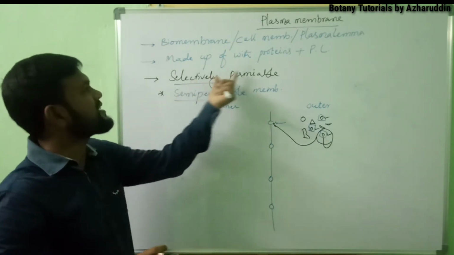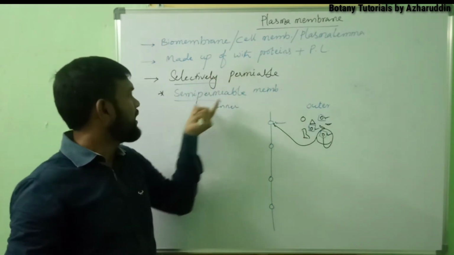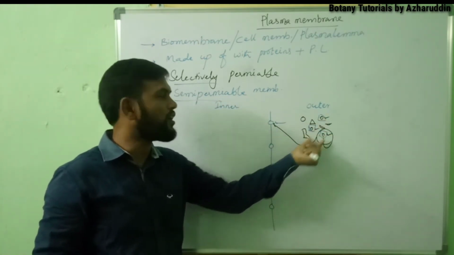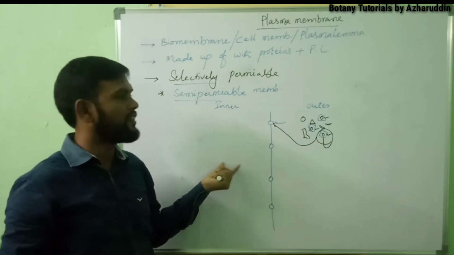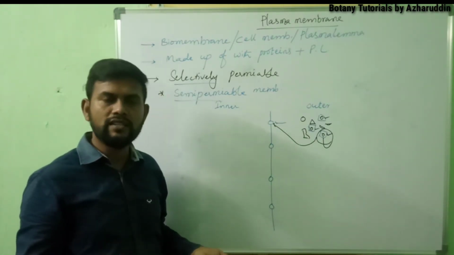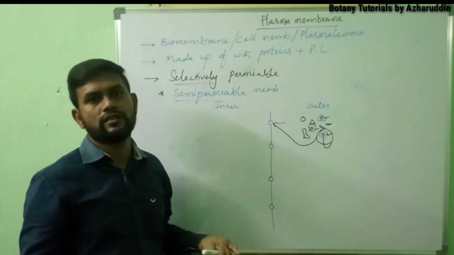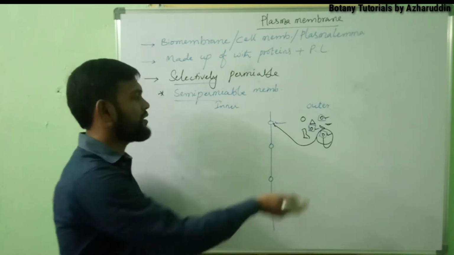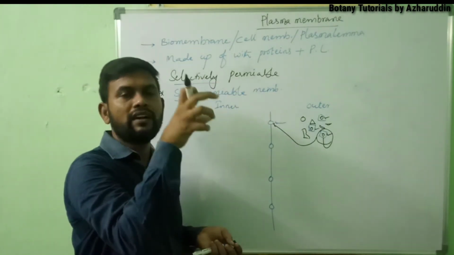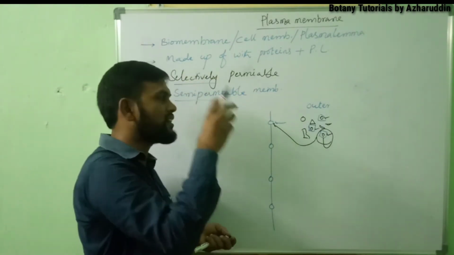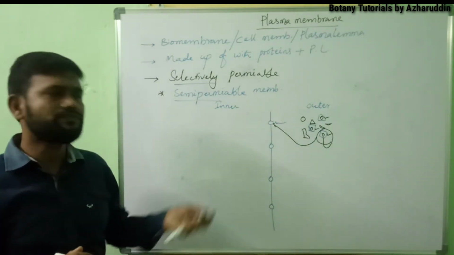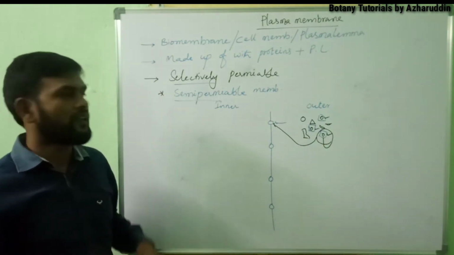That's why it is called selectively permeable membrane. In the semi-permeable membrane, all three particles enter into the cell, whether required, harmful or useful.